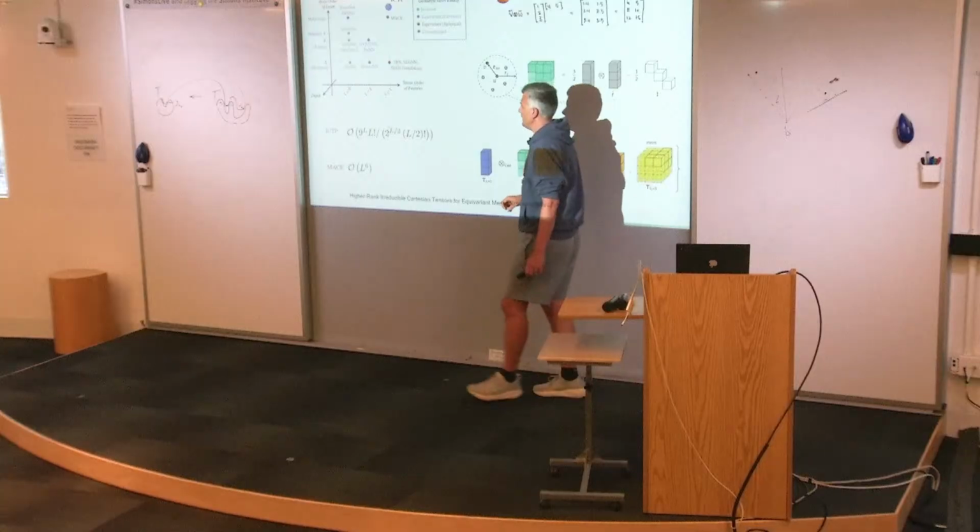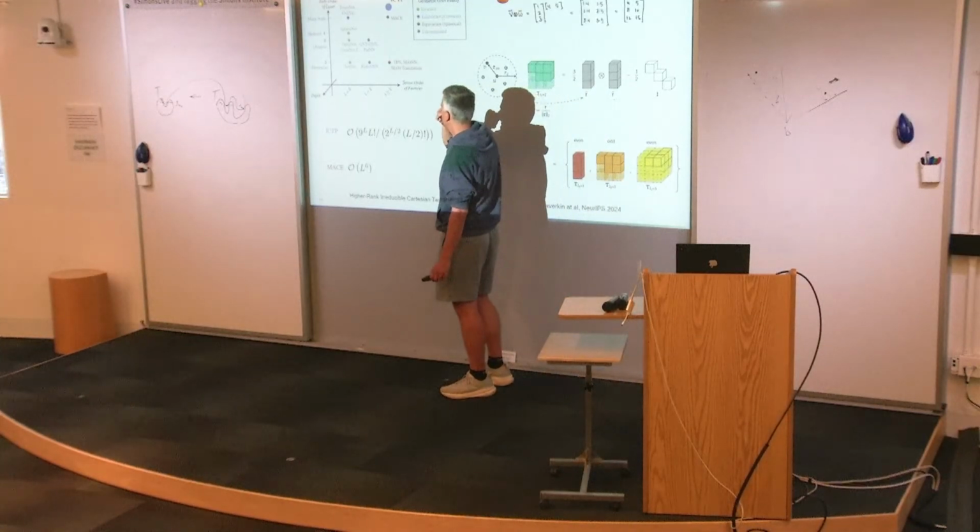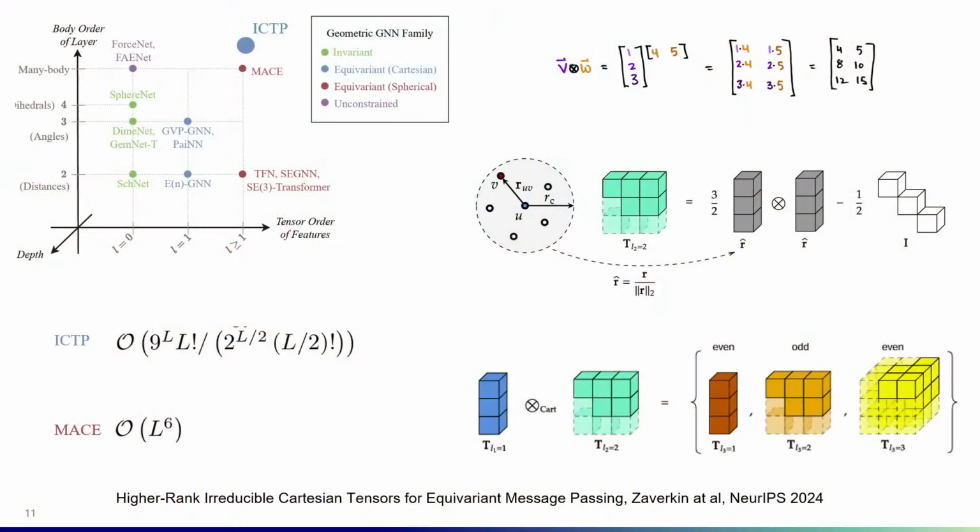A couple of days ago in Hannah's talk, we saw that we can understand the different types of methods that have been invented in this community by looking at the tensor order of the features. So how do we construct these tensors based on the directional, the angular information that we have?